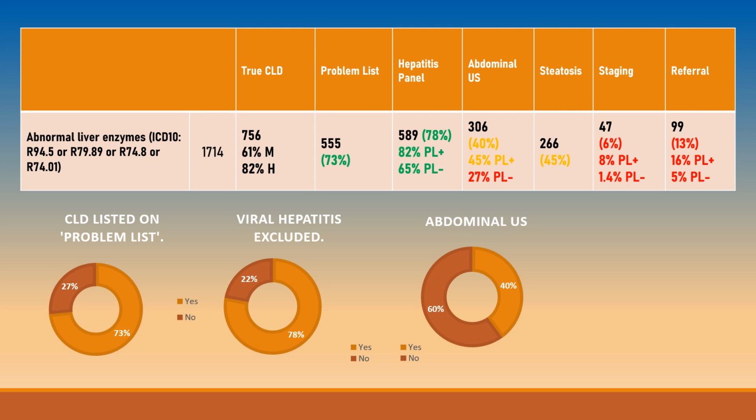And of those who had any imaging study that could potentially visualize the liver, either internal or external, 45% had steatosis. A very small proportion had been staged or referred for specialty evaluation. And of note, patients who had chronic liver disease documented in their problem list were more likely to have adequate workup than those who did not.